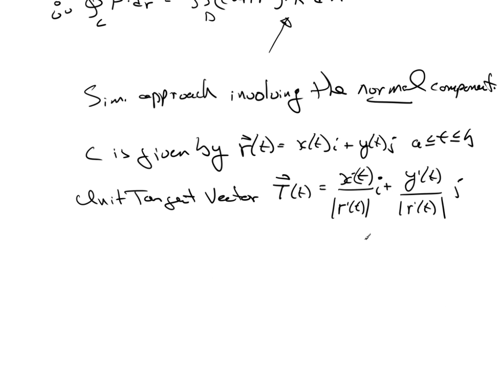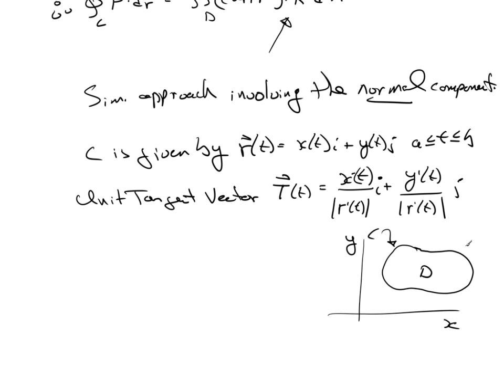So what I'm thinking of right now, in terms of x and y, I'm going to have this curve C in the region D. At any point along this curve, I'm going to have my unit tangent vector and the vector normal at that point.